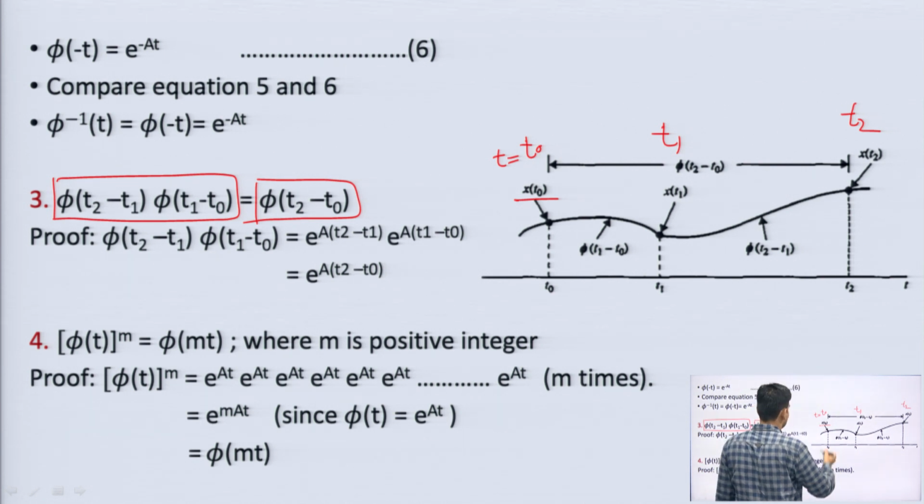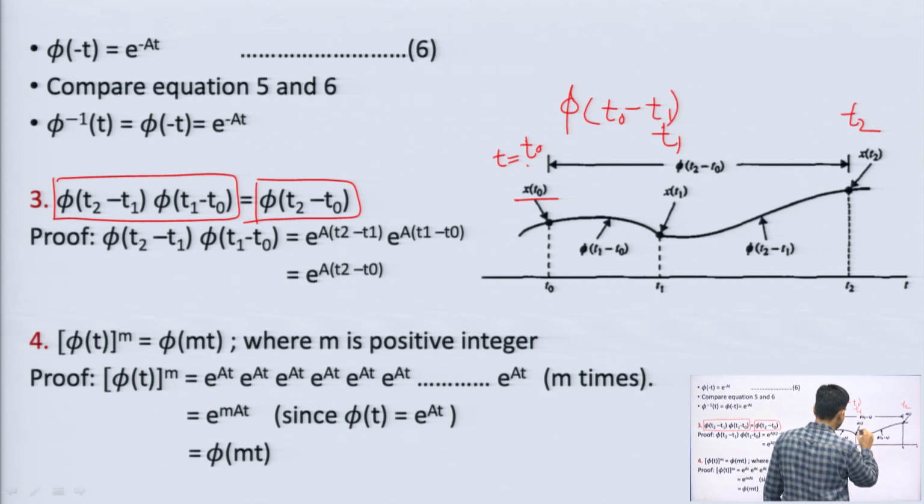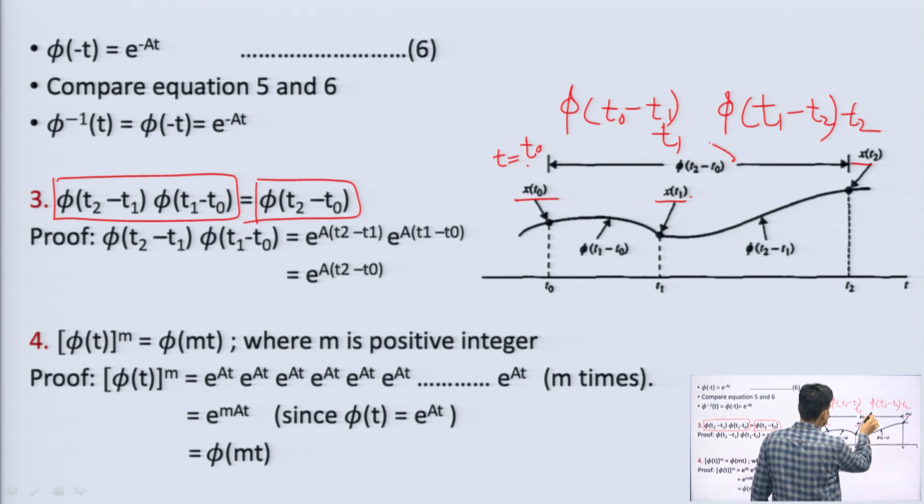If I know the transition between states at t0 and t1, I can write phi(t1 - t0). In the same way, I know the transition between x(t1) and x(t2), meaning how my state varies from the t1 state to the t2 state. It is explained by the state transition matrix phi(t2 - t1). If I combine these states equivalently, this basically gives me phi(t2 - t0).